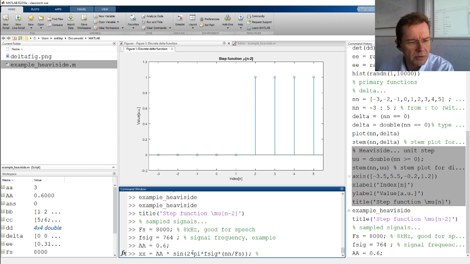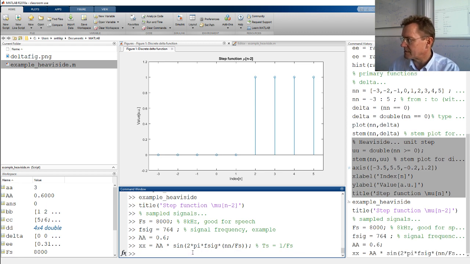So remember Ts equals 1 over Fs. That's our 764 Hertz signal sampled, not converted yet. These are the values. These are the analog values, sampled. Okay.